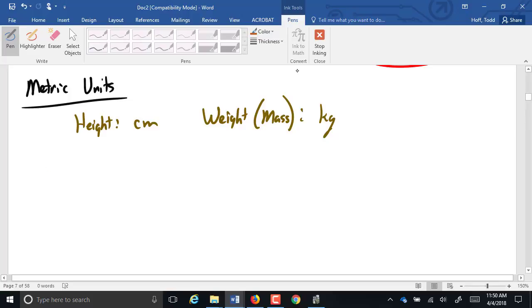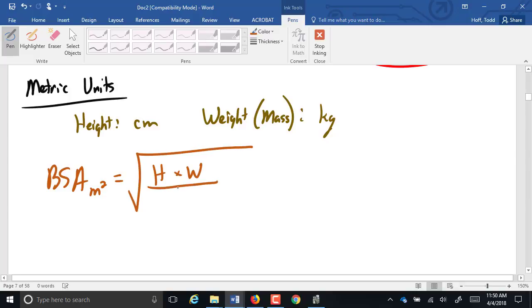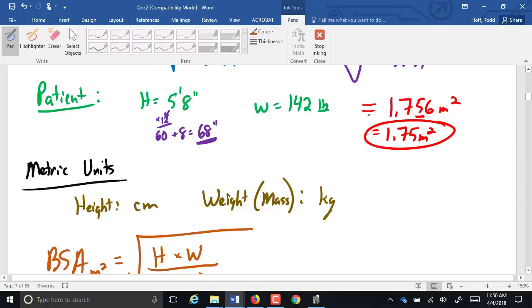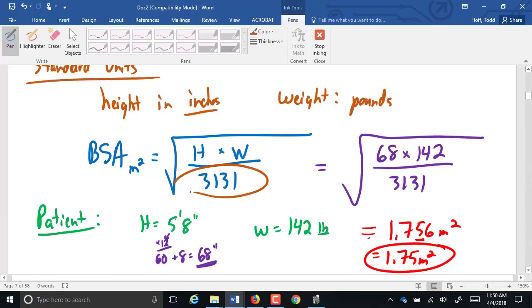With those inputs, body surface area, again in meters squared, is the square root of our height times our weight again. What changes is this constant on the bottom here. It's divided by 3,600 now. Remember the last formula that was 3,131. Those are constants based on the units being used.